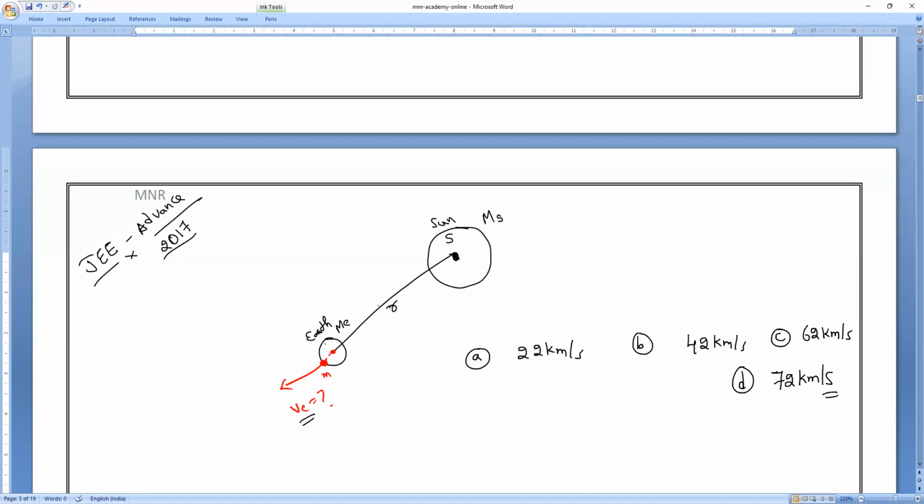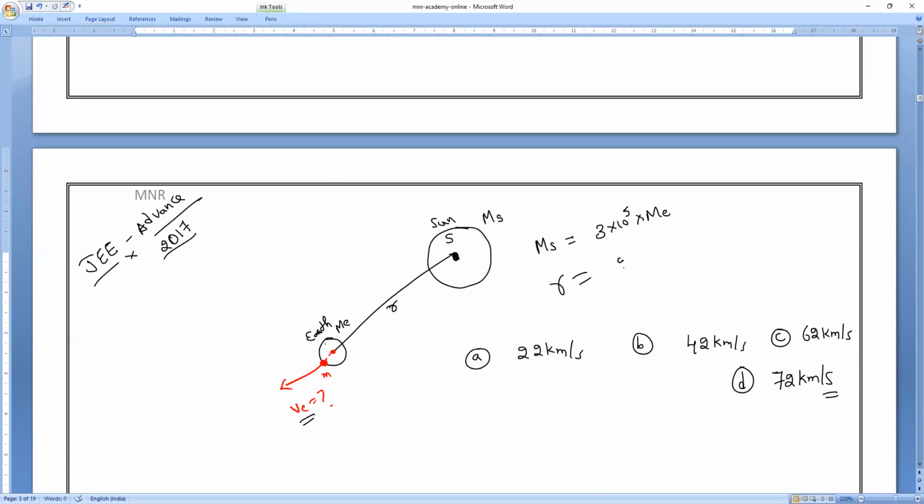Now the given information is that the mass of the sun is 3 into 10 to the power 5 times the mass of the earth. Almost 3 lakh 30 thousand earths equal the mass of one sun. Just the given information. Next, R is equal to the distance between the sun and the earth from the centers.